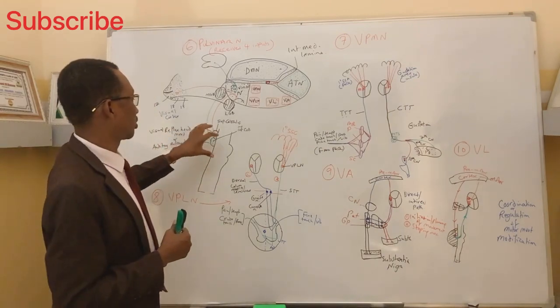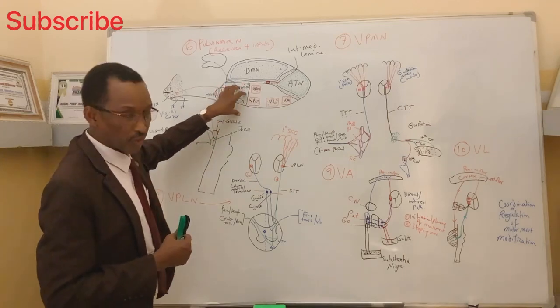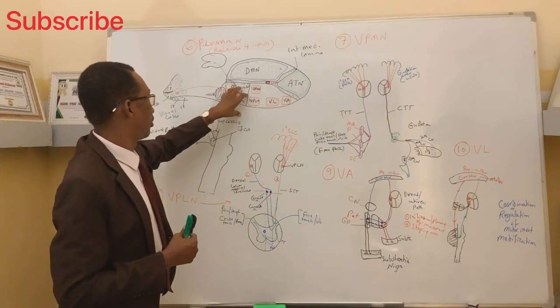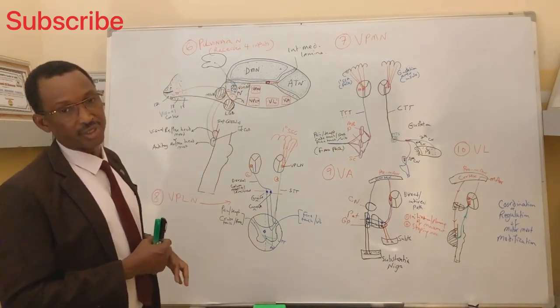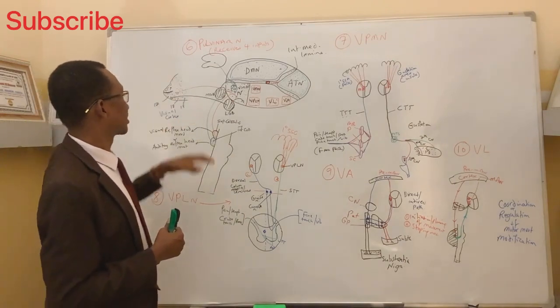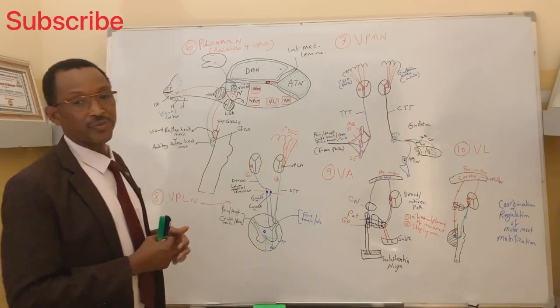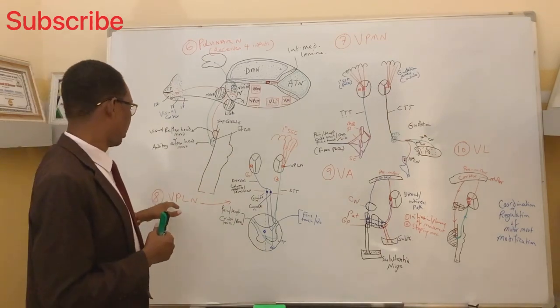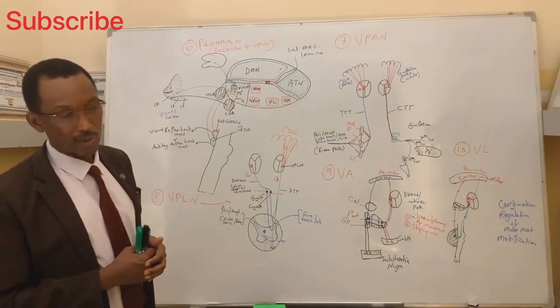That is the major function of this connection between the superior and inferior colliculi and the Pulvinar, and from the Pulvinar to the visual or auditory cortex. That is the Pulvinar nucleus. The next nucleus is the ventral posterolateral nucleus of the thalamus.